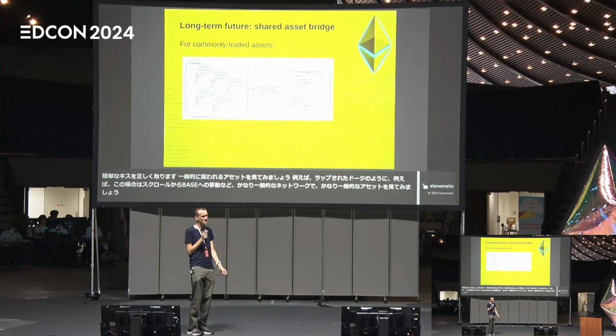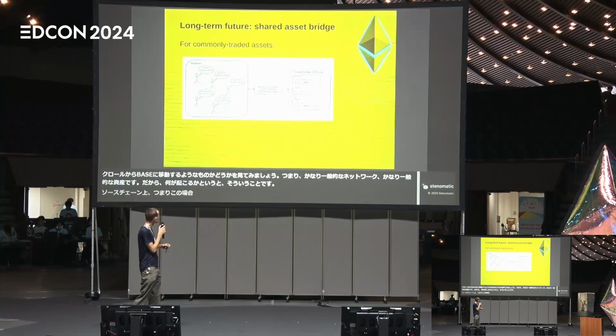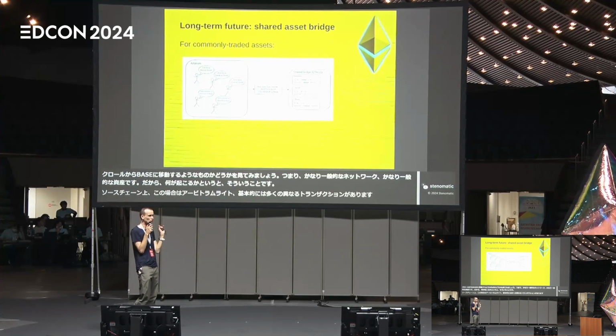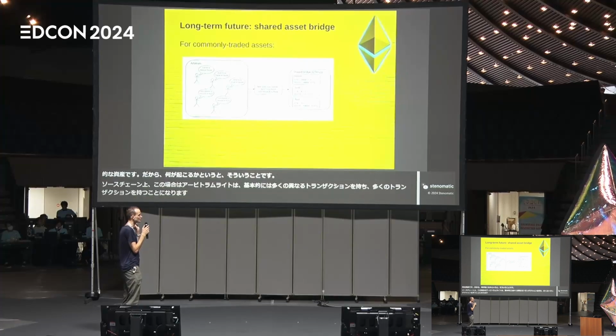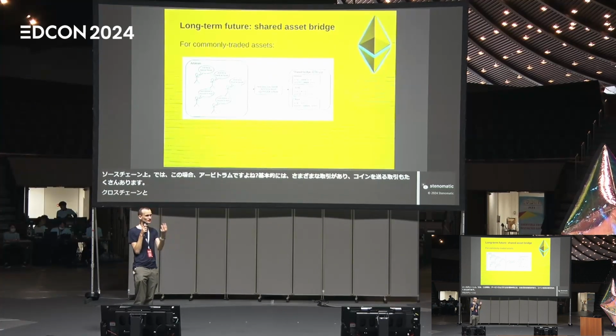So what happens is that on the source chain, so in this case Arbitrum, right? Basically you have a lot of different transactions, and you're going to have a lot of transactions that are sending coins cross-chain, and they're sending them to different users, but they're sending them to the same network, right?